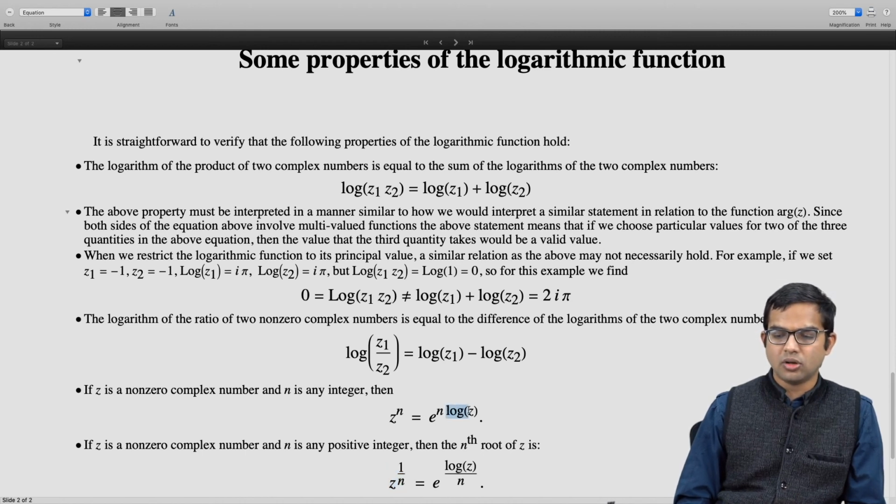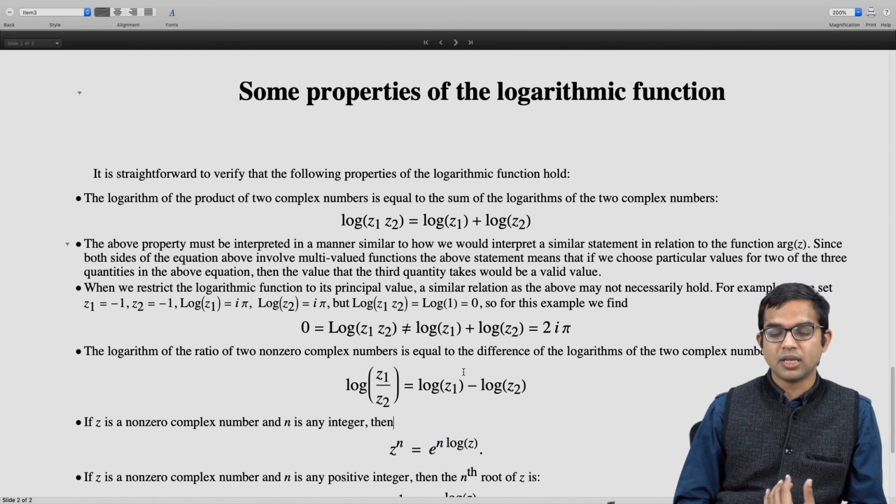So here, although there is some ambiguity about what the value of log z is, because you have all these many complex numbers which this corresponds to, when you take the exponential of n times log z, it's going to be n times 2 pi i here, and therefore when you take the exponential, all of them are going to give you the same answer. It doesn't matter which value of log z you take, there is a unique value both on the right hand side and on the left hand side.